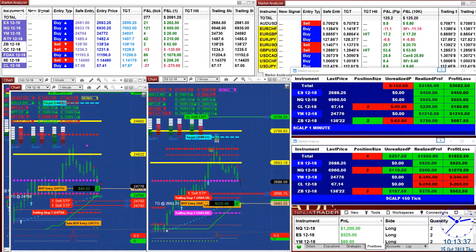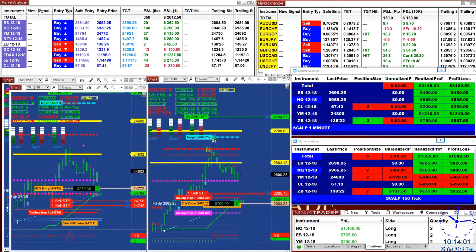He had one trade on the YM, and guess what? I don't know how long it had been there, but probably from the beginning of the session, he had one short trade on the YM, and it was $700 in profit on one YM. So you can do the calculation, $5 per tick on a YM, and he had $700 in profit.